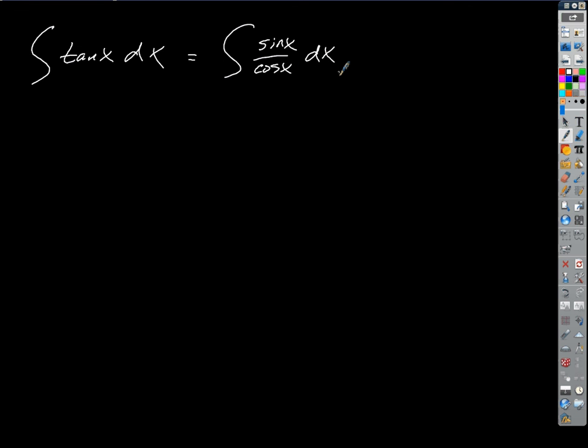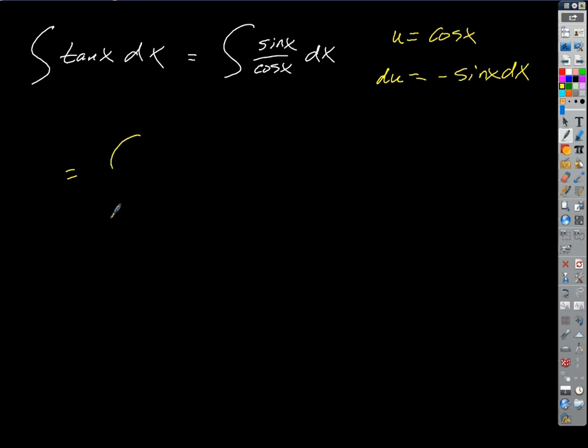So what could we pick for a u substitution this time? Cosine x, yeah. Does that make sense? Because if we did that, then that would be like a 1 over u, which fits our log profile, maybe, if the derivatives work out correctly. So if we let u equal cosine x, what's du? Negative sine x dx.